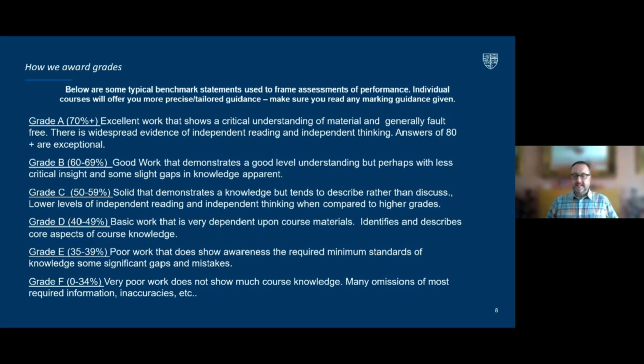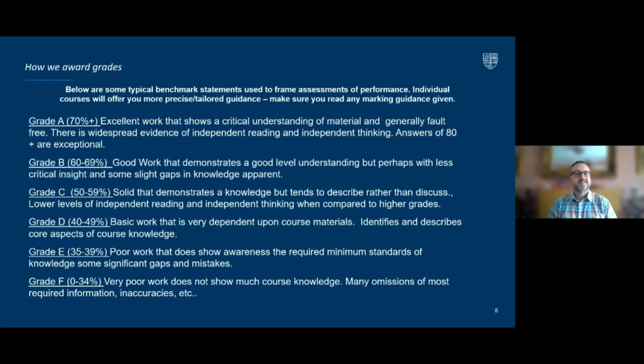If it's from 60 to 69% averaged across all the courses, then you would normally be a master's with credit. And if it's in the 50s, then it's a master's. Anything below that would not be a pass. There are a few little caveats to that, a few little bits of red tape that you have to unfurl and tick, but generally speaking, that's how the grades work.